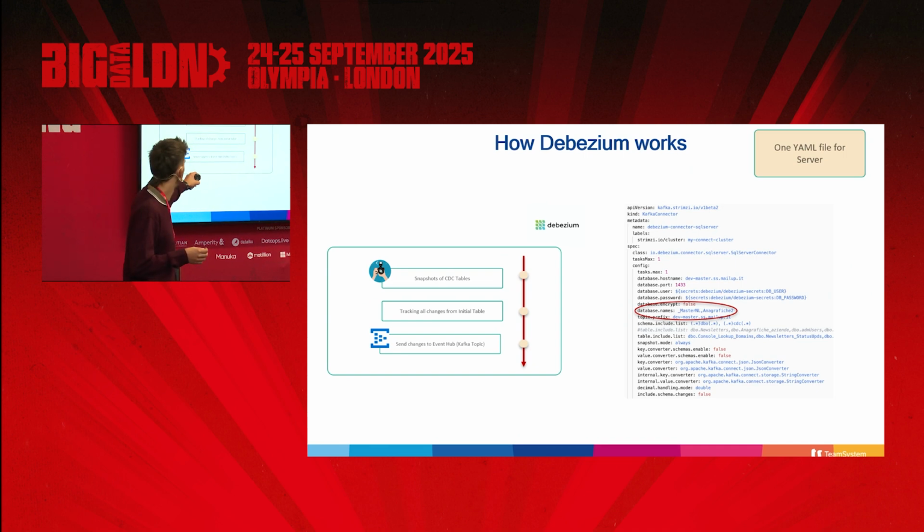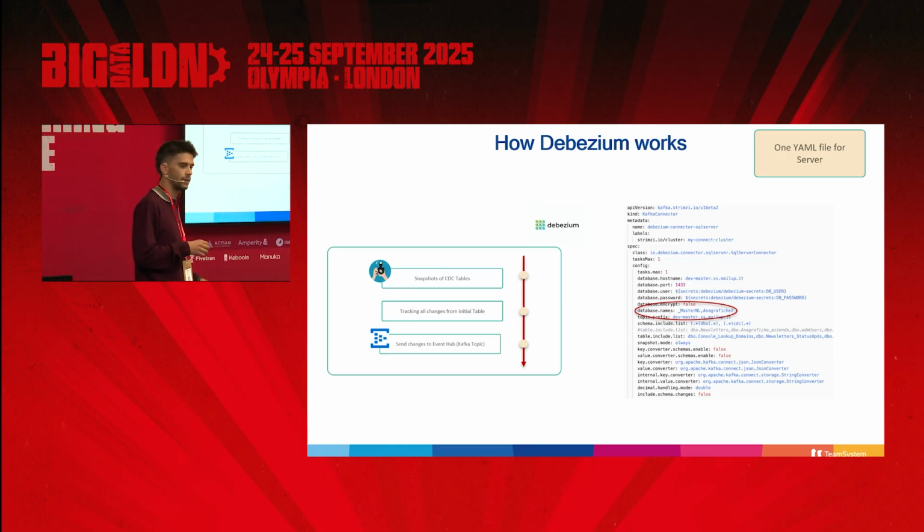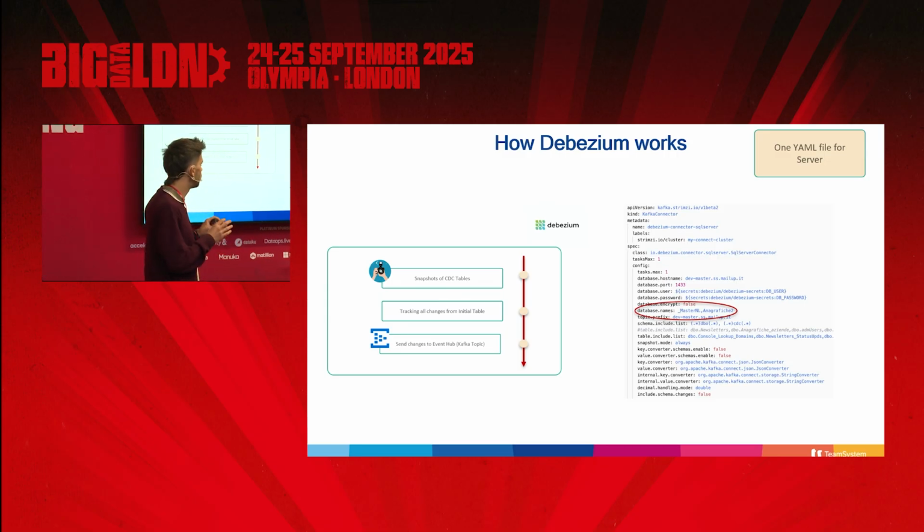In our case, we have an Event Hub, but the Event Hub is more or less the same as Kafka in the Azure world. The main point is that with Debezium you can extract and build a message as you want, and send it to some Kafka interface.